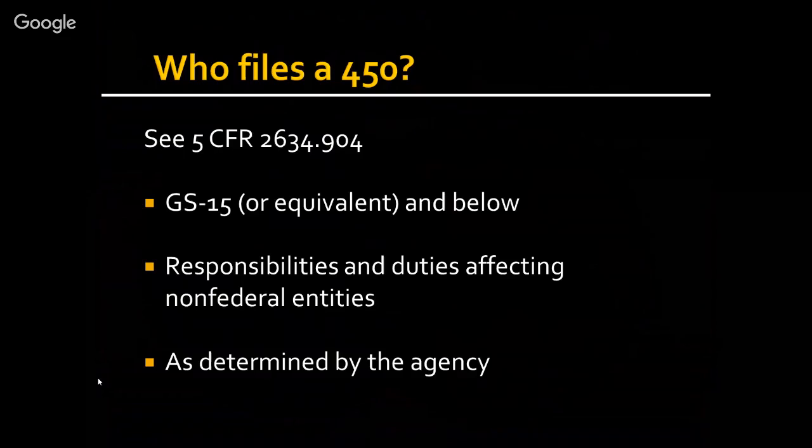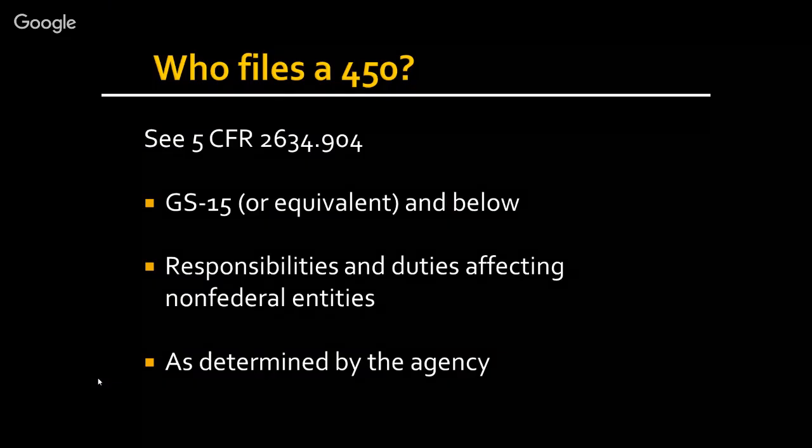So what you're doing as a risk analysis is you're trying to determine, and supervisors have a really critical role in helping the ethics office to identify who should be a 450 filer, because it is very much a matter of who among your employees have responsibilities and duties that will affect non-federal entities, because they are the people who, by definition, are going to be most likely to have a potential for conflict of interest, because they have duties that can affect the financial interests of non-federal entities.